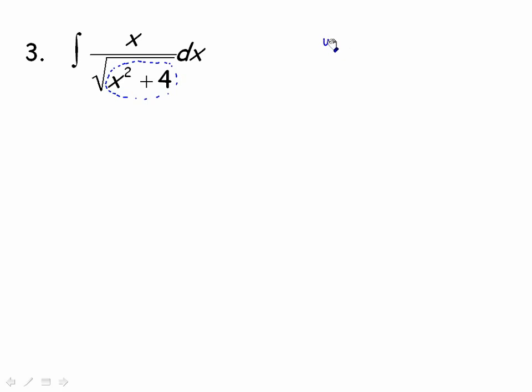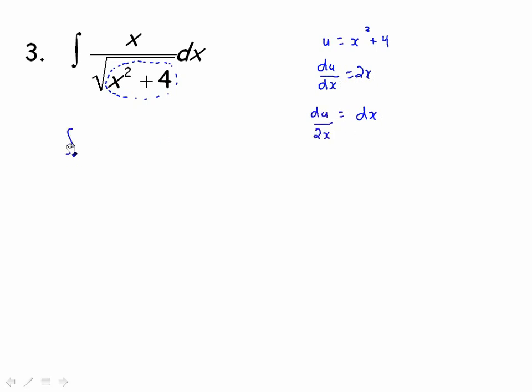So I'm going to do the same thing. u is equal to x squared plus 4. We do not need to go x squared plus 4 to the 1/2. That's just going to complicate things. So du dx, the derivative of u with respect to x, is equal to 2x. So isolating the dx, we get du over 2x.